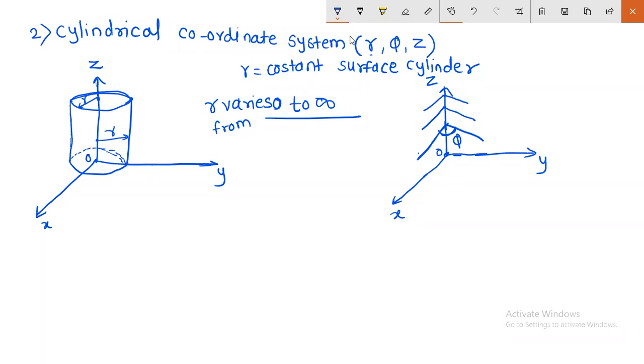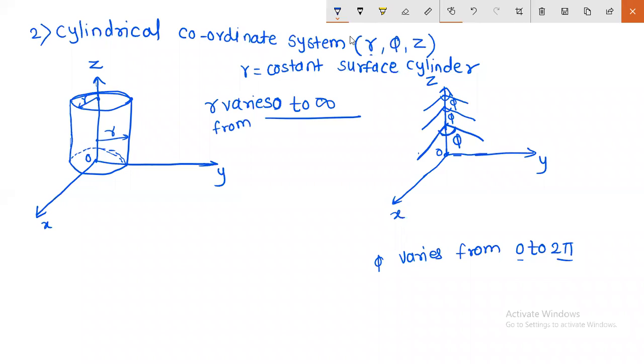Remember, phi varies from 0 to 2 pi: at the x-axis the angle value is 0, and when it completes the circle and comes back to the x-axis, the whole angle will be 2 pi.